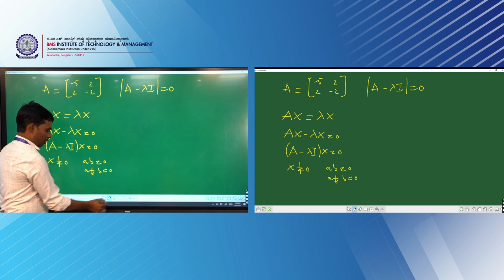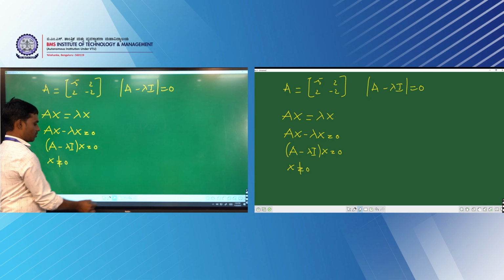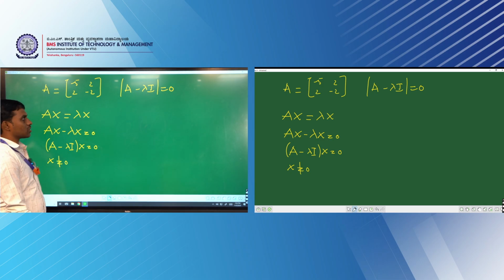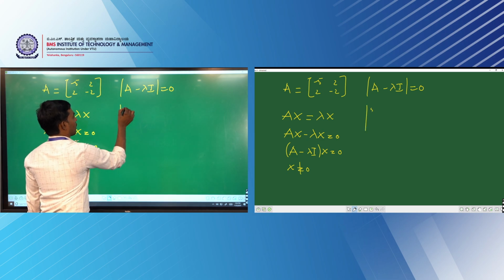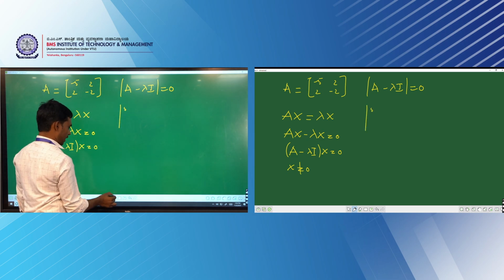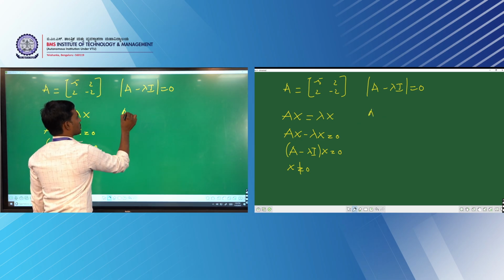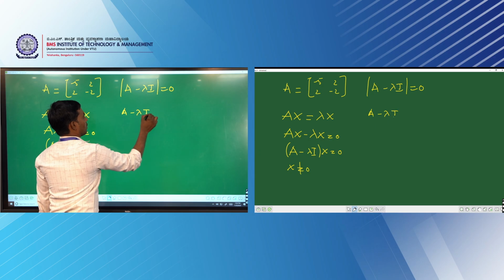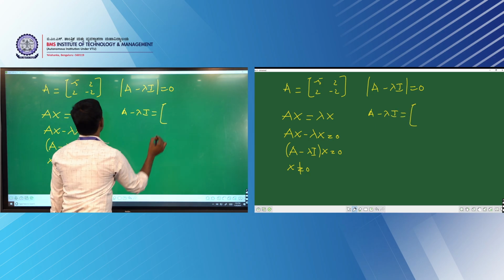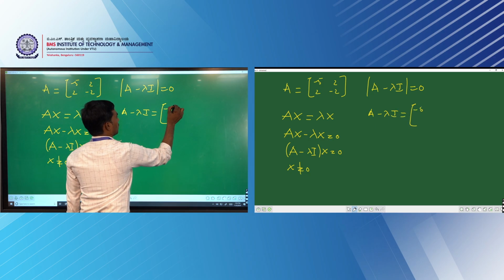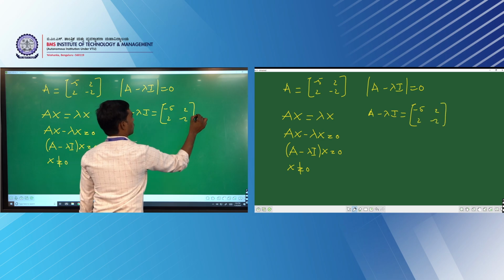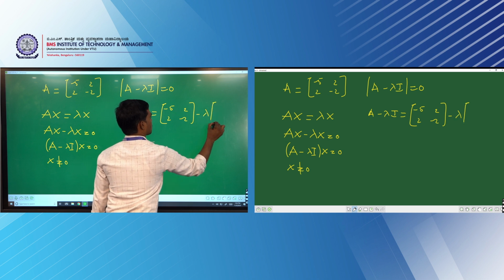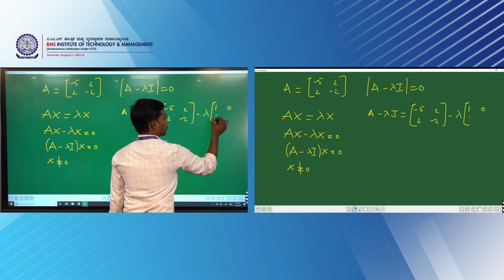Now we will substitute the matrix values and find the lambda values and the corresponding eigenvectors. First we will write A minus lambda I. A minus lambda I equals the matrix A, minus 5, 2, 2, minus 2, minus lambda times 1 0 0 1.